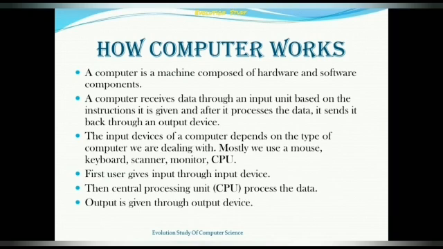The input devices of a computer depend on the type of computer we are dealing with. Mostly we use a mouse, keyboard, scanner, monitor and CPU. First, the user gives input through the input device, and then the central processing unit CPU processes the data, and then the output is given through the output device.